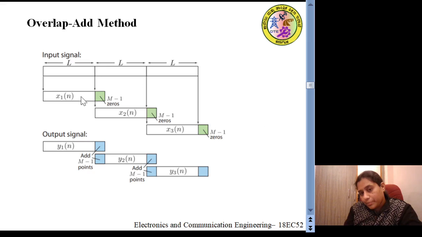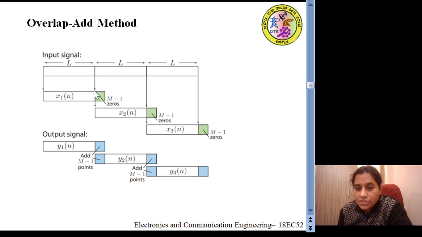After dividing into a number of blocks, we circularly convolve these blocks with h of n, that is the impulse response, to obtain blocks of output. y1 of n has L plus M minus 1 samples. Similarly, y2 of n has L plus M minus 1, and y3 of n also has L plus M minus 1.